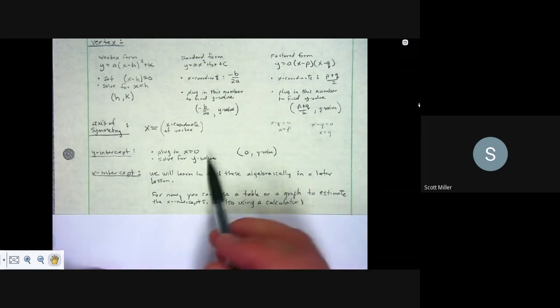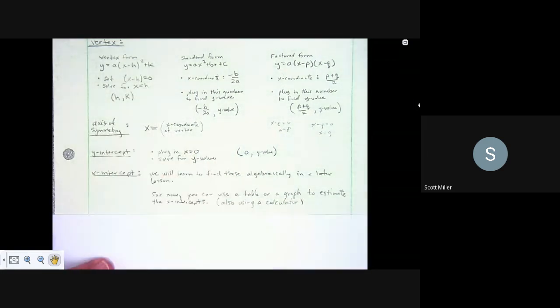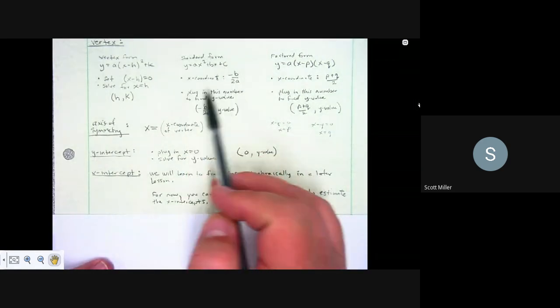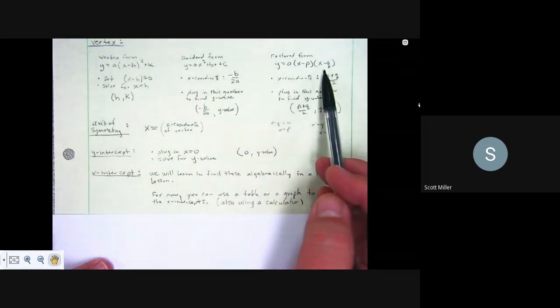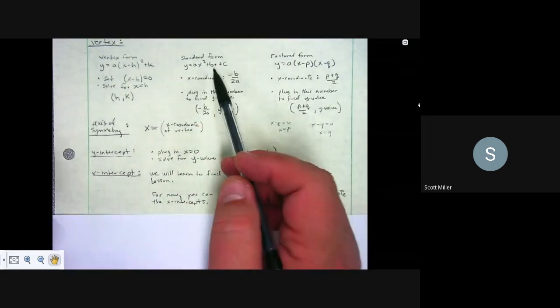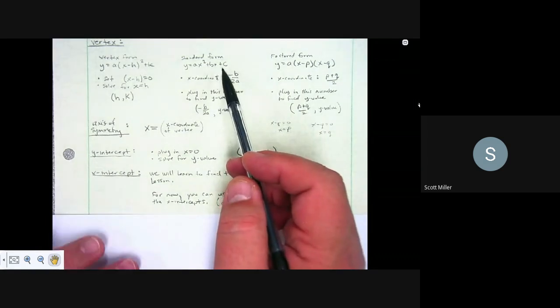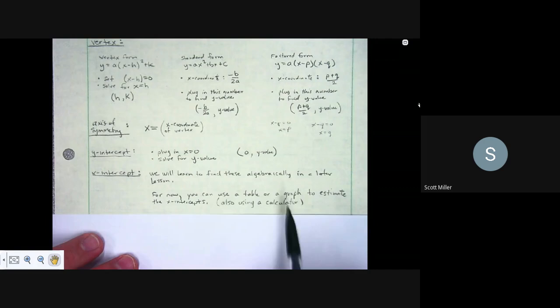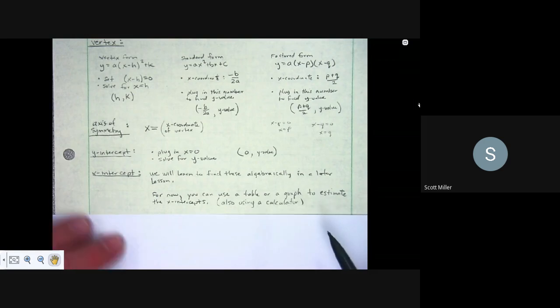So for now, until I teach you how to find the x-intercepts in those two forms, the only technique you have that works here would be factoring to put it into factored form, and then you can pull the x-intercepts out. But sometimes you can't factor these. And so how do I find the x-intercepts? That's a lesson later on. For now, you can try and estimate it with your graph or a table, or you can also use a calculator to help you find the intercepts.